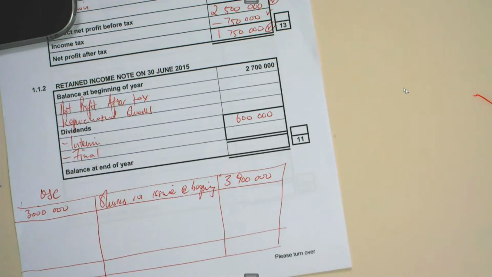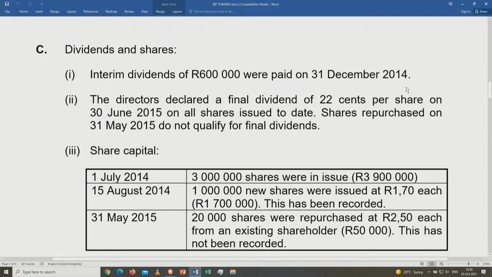Right? And then let's go back to our question. This is 1 July, at the beginning. The dates are very important on our note number 7, for us to calculate the correct interim dividend.